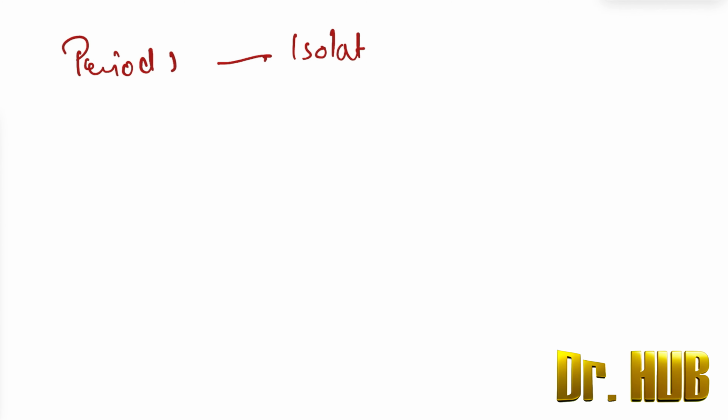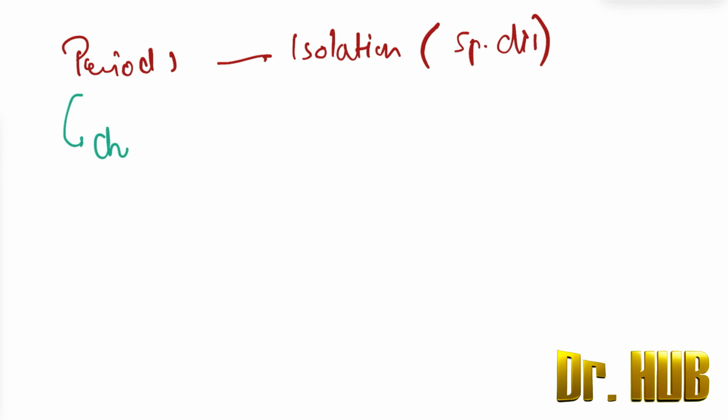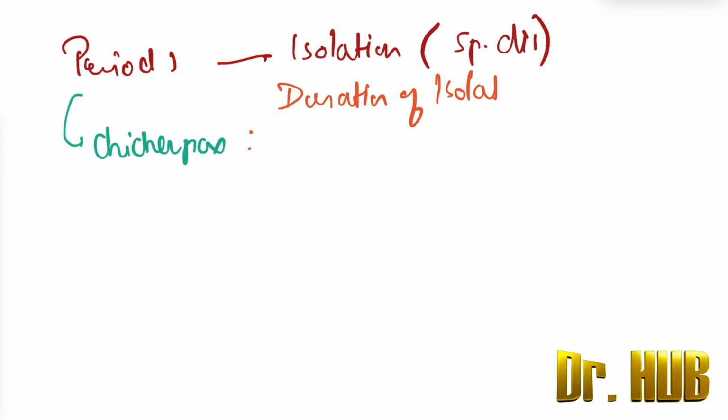Today we'll look at the periods for the isolation of the specific diseases. To begin with, chickenpox. The next column we are going to discuss will be the duration of the isolation.